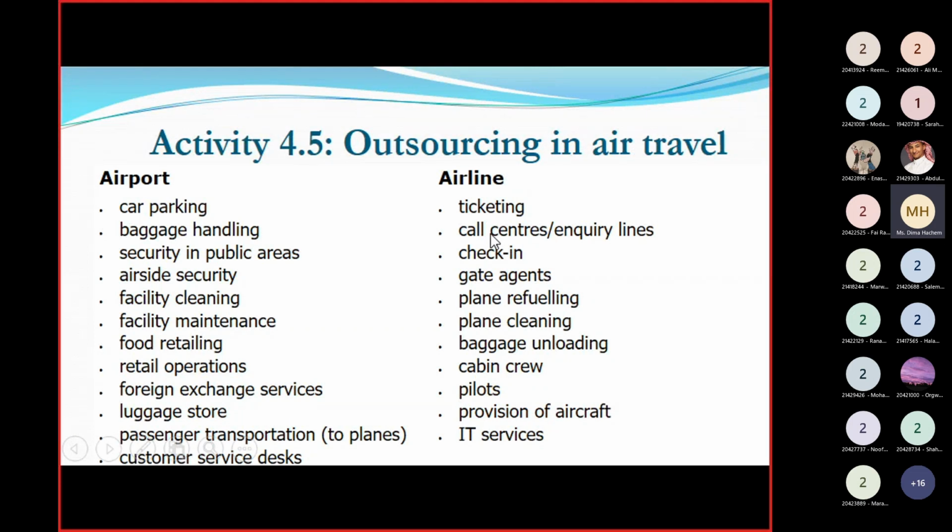Sometimes their call centers are not owned by the same company. The check-in, of course, depends from country to country. What is the industry norm that happens in the industry in the country? IT services are so many times also outsourced because you need expertise, you need people who know IT, just like you can outsource other activities. Any questions?